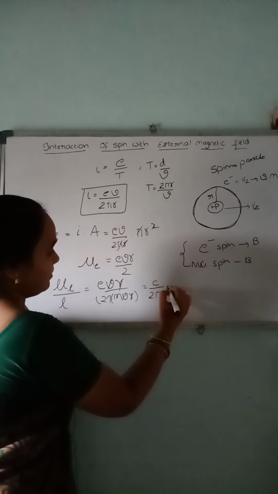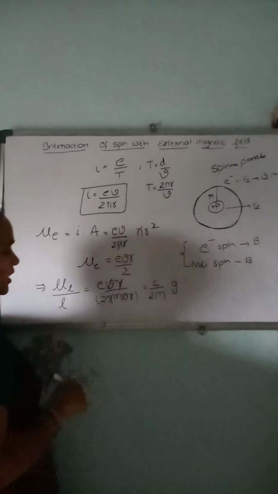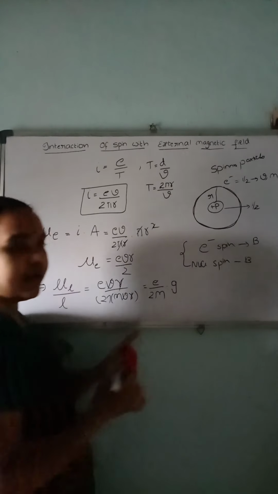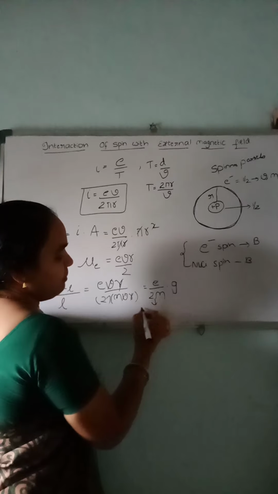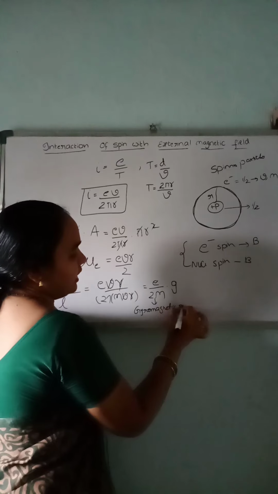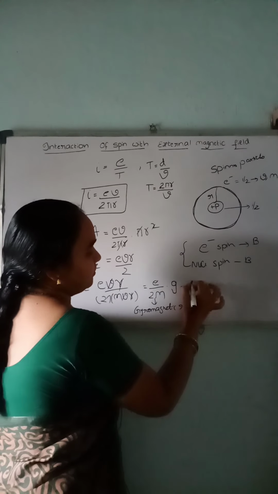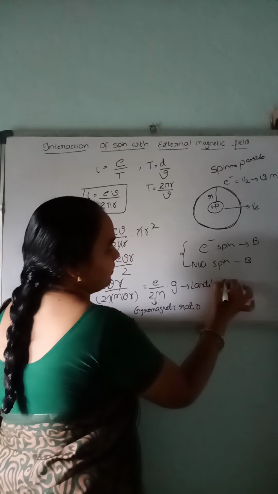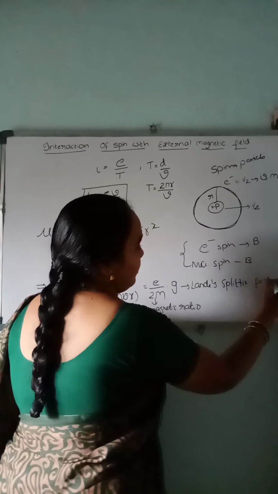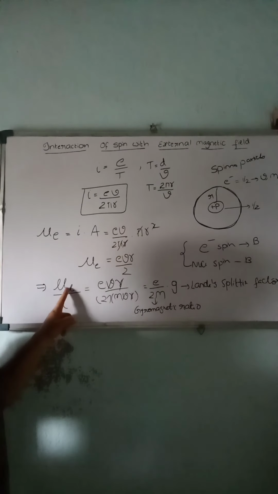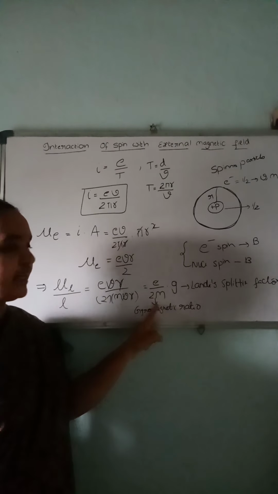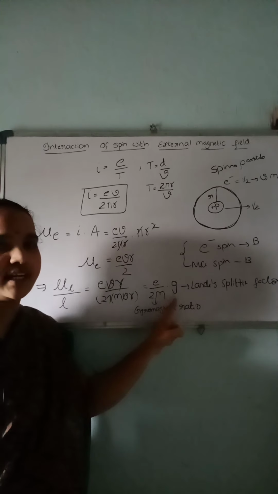e/2m multiplied by some factor g. That is, mu L by L is equal to g into e/2m. This e/2m is called the gyromagnetic ratio, and g is called the Landé splitting factor. The ratio of the orbital magnetic moment to the orbital angular momentum is equal to g multiplied by e/2m, where g is the Landé splitting factor.